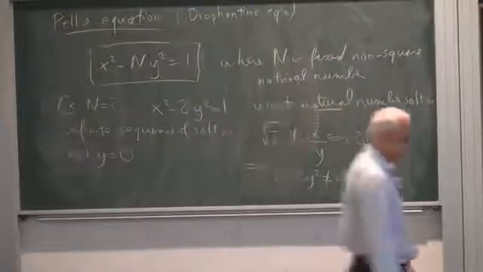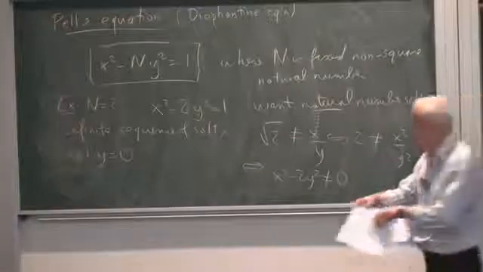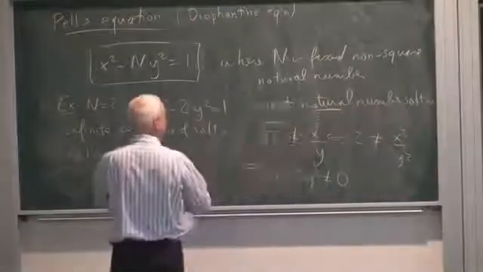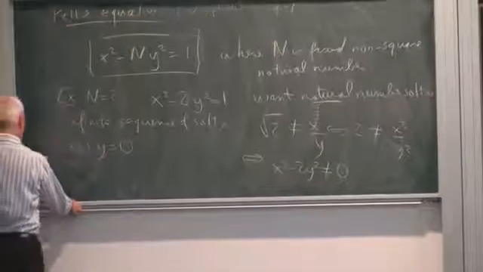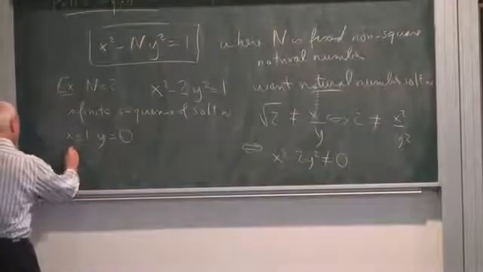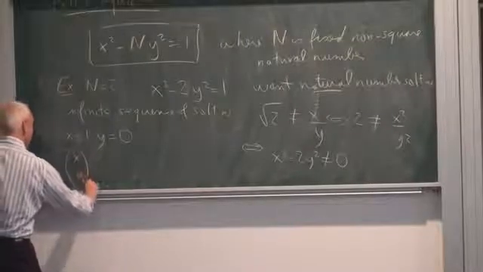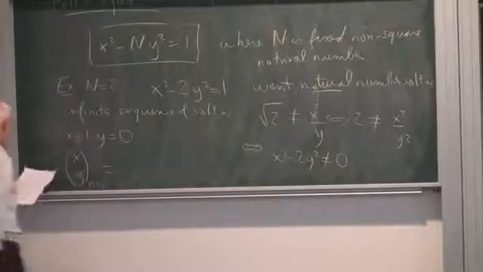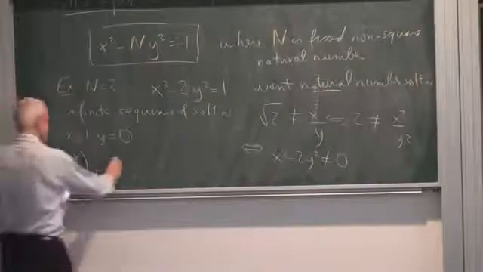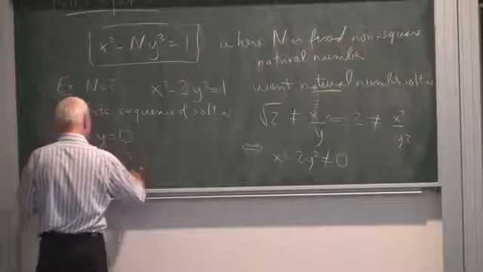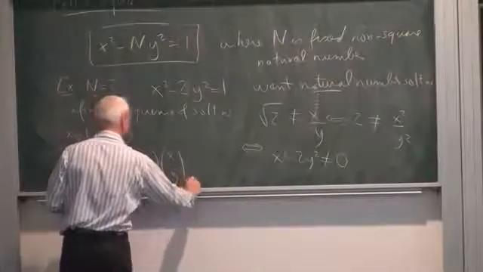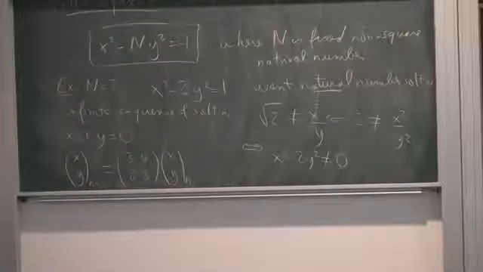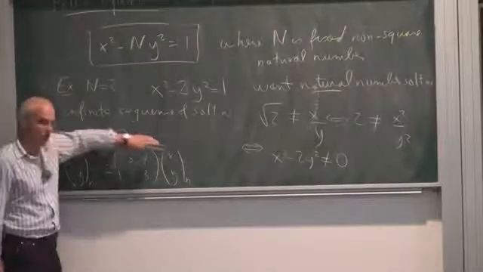And they realized that there was a kind of a recursive way of getting solutions from previous solutions. Let me write it in matrix form. So let's write (x, y) sub n plus 1 equals the matrix (3, 4; 2, 3) times (x, y) sub n. Okay, I'm using just a little bit of linear algebra here, hoping that you know how to multiply a matrix by a vector.